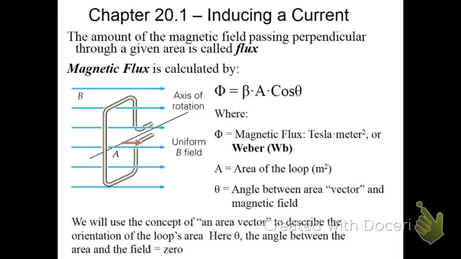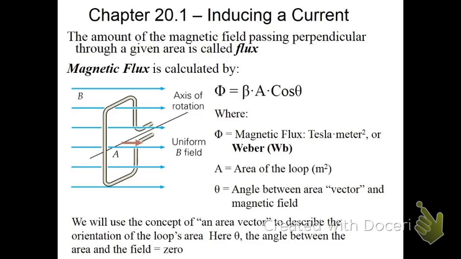Okay, now to get this orientation, we're going to do something here that's a little bit difficult to understand. We call it an area vector. This area vector is going to help us define how perpendicular, if you will, the loop is to the magnetic field.